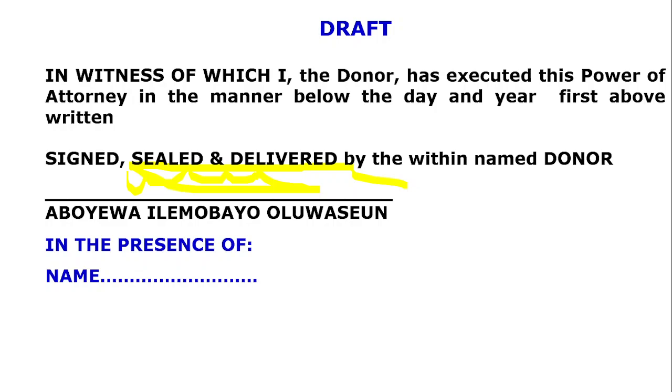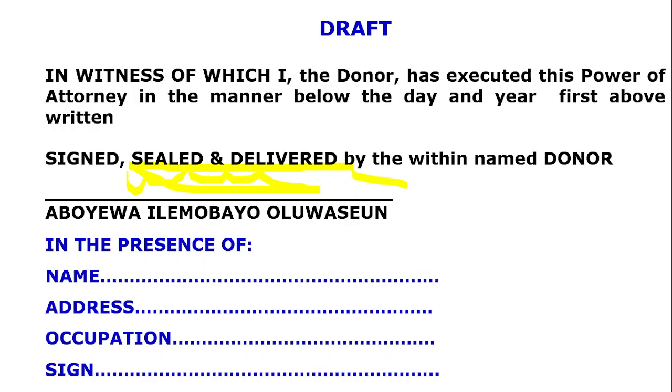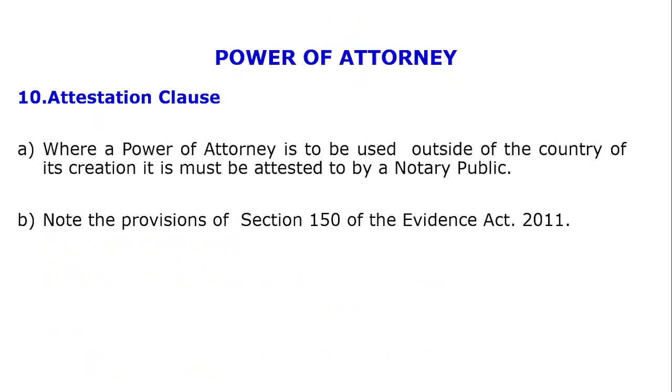Then you have your name, your address, then you have the occupation, right? And then you have the signature. And what did we say just now? It is advised you better use a notary public to be the attesting witness, so that whether the scenario is about use outside of the country of creation or use within the state of creation, you're on the safer side. So these are the things to take note of when discussing drafts on power of attorney.